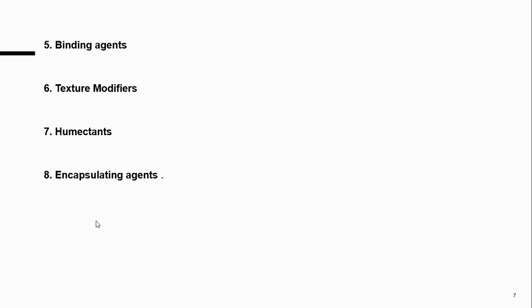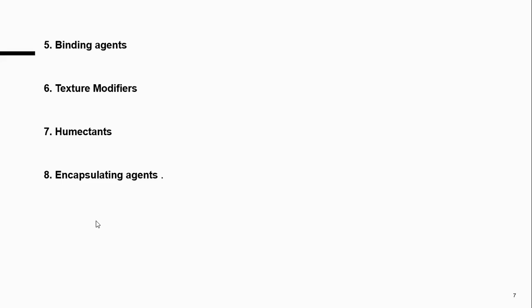And importantly, some of the other carbohydrates act as humectants, which means they prevent the drying out of the food product by retaining water, thereby reducing staleness. And some of the other carbohydrates like starch, maltodextrin, gum arabic, and others act as encapsulating agents.